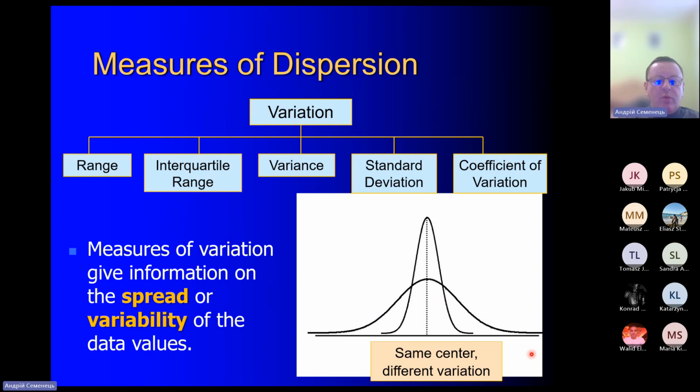We have similar things with variation, or measures of dispersion. It shows how the information is spread, or the variability of the data values. Here we have two frequency plots. Again, it's not a data plot, it's a frequency plot, showing how often some value is repeated in our data set. Those two data sets have exactly the same central tendency, so they will have exactly the same mean, mode and average.